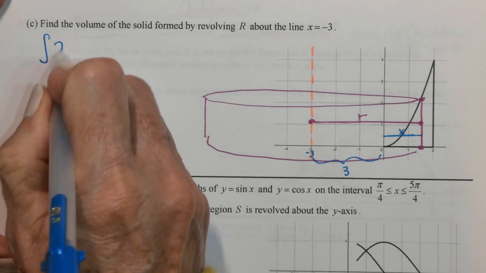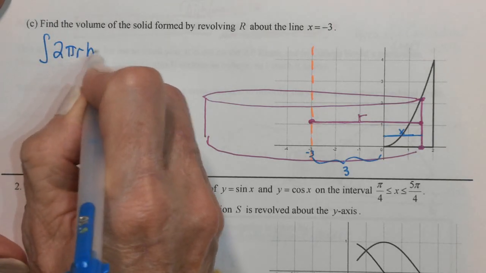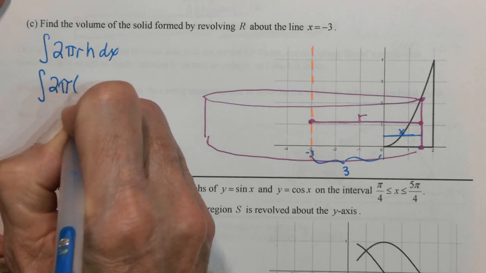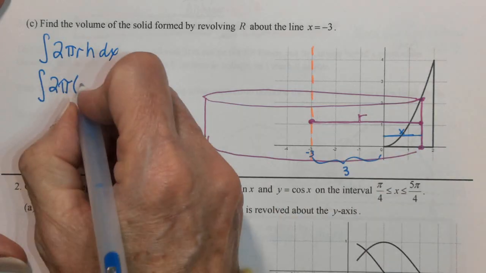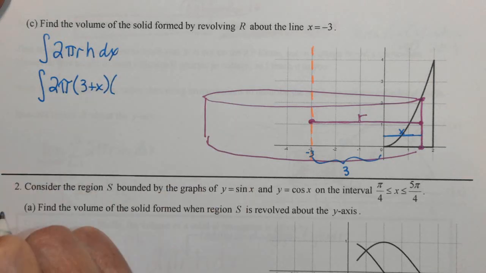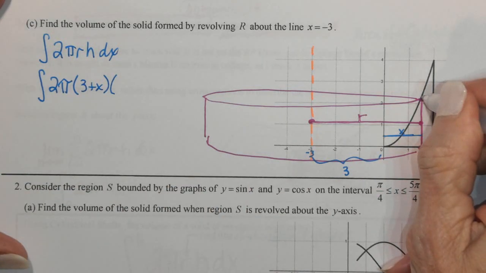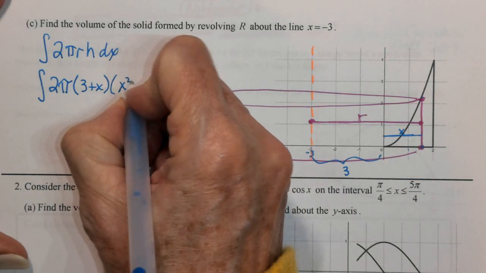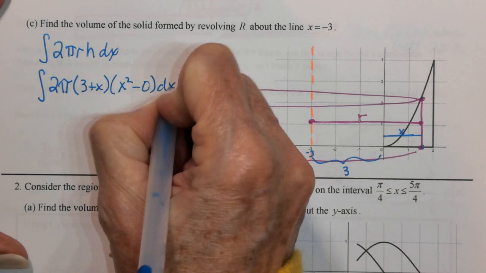So 2 pi RH, 2 pi R is x plus 3 or 3 plus x, whichever. H is top minus bottom of your slice. So top is x squared, bottom is 0.